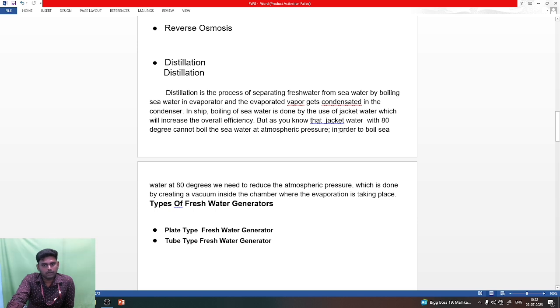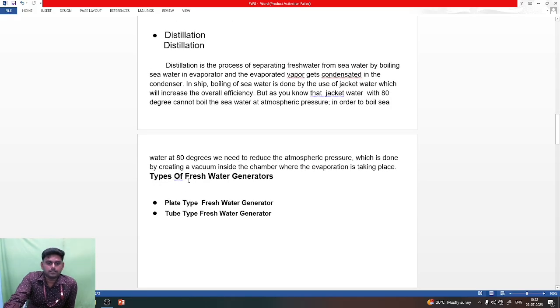So in order to boil the water at 80 degrees, we need to reduce the pressure. Once we reduce the pressure, water boils at a low temperature, below 100 degrees Celsius, which is done by creating a vacuum inside the chamber where the evaporation takes place. When the vacuum is created, the water boils.